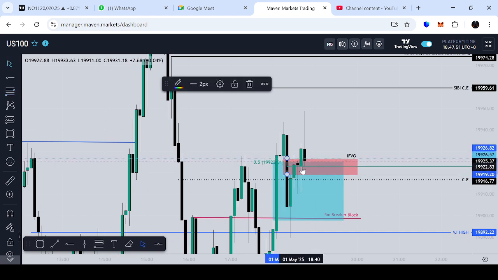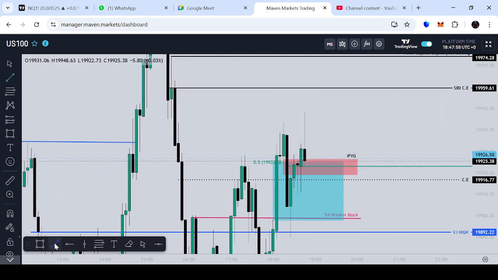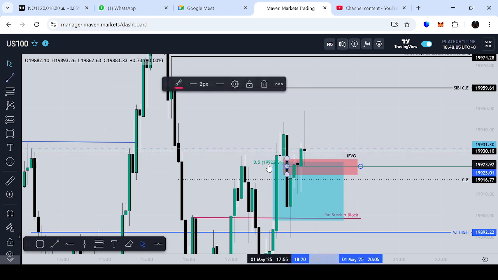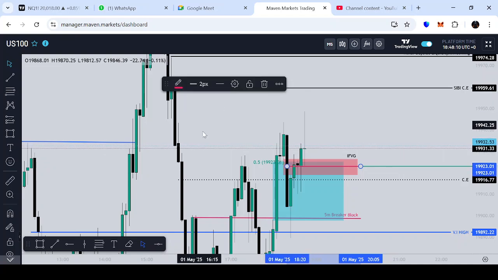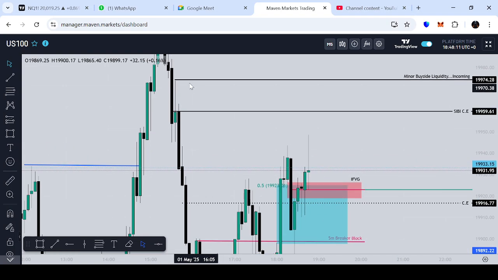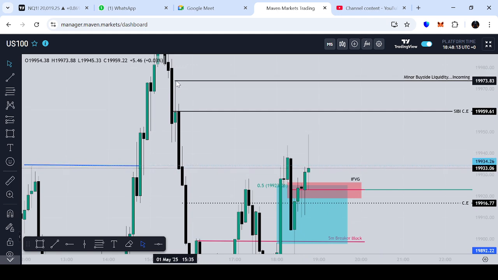They have traded above it, so it's going to act as an inversion. That's how you utilize an inversion. And we have a minor buy side liquidity there, resting above here.